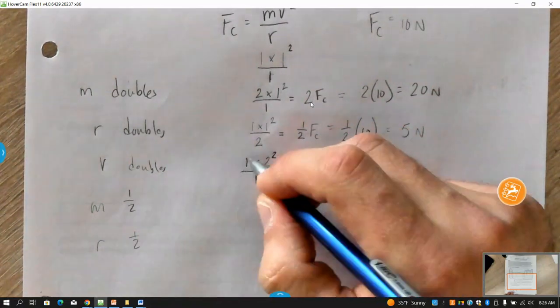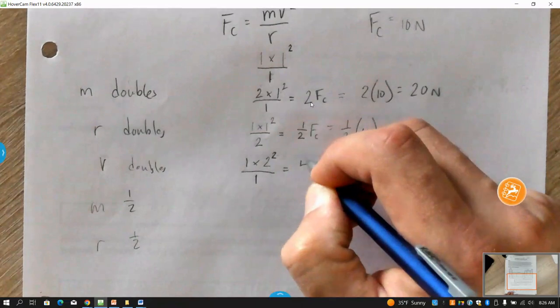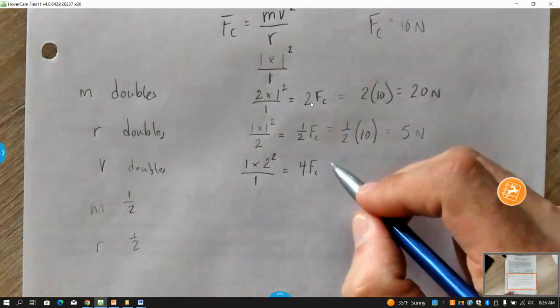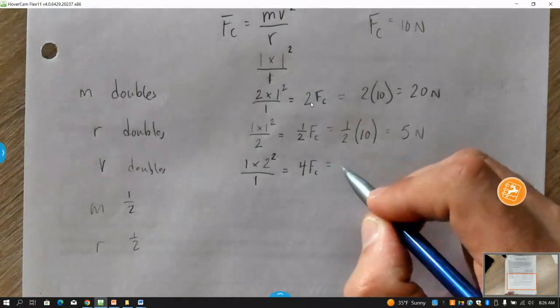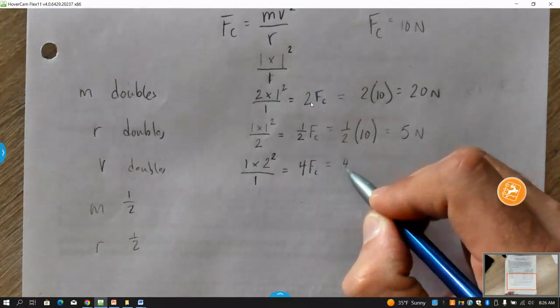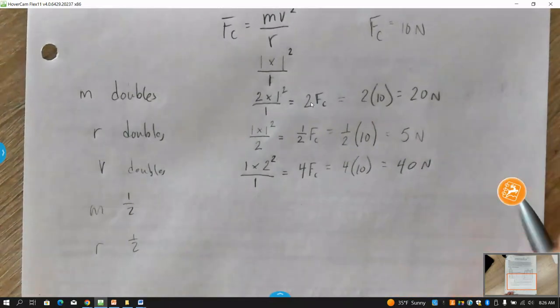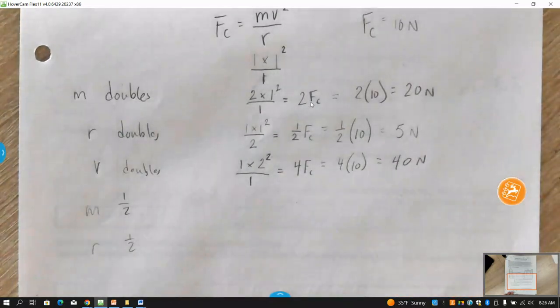And 4 divided by 1 is still going to be 4. So you would wind up having 4 times the centripetal force. So 4 times 10, 40 newtons.